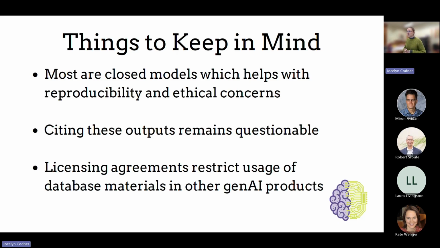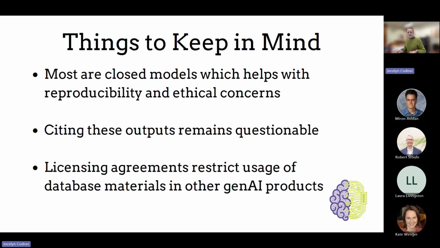Closed models are pretty great. They allow for more focused and intentional use. In this case, it makes a lot of sense because we're working with academic material. It also helps with reproducibility, which is important when evaluating AI products and tools.